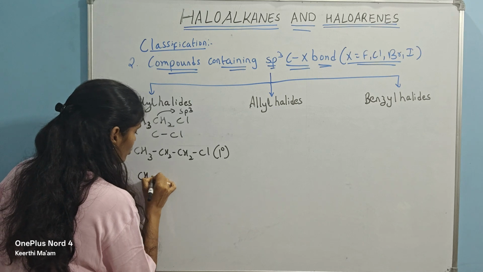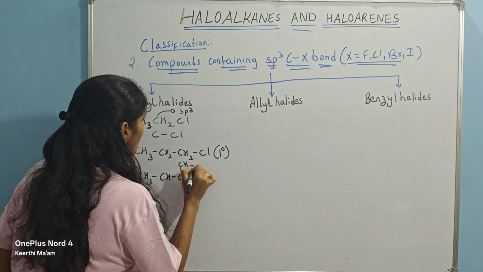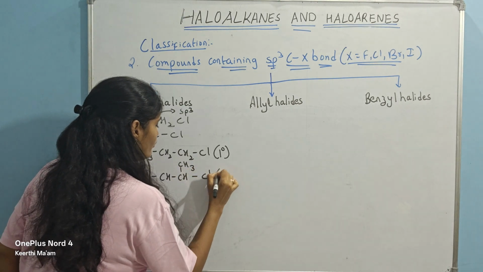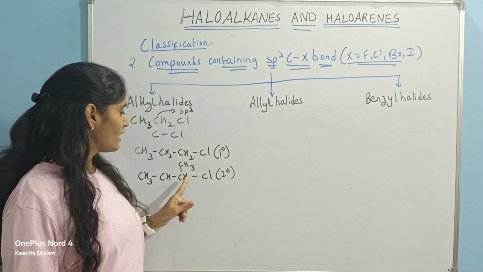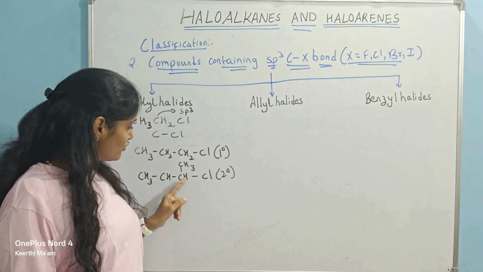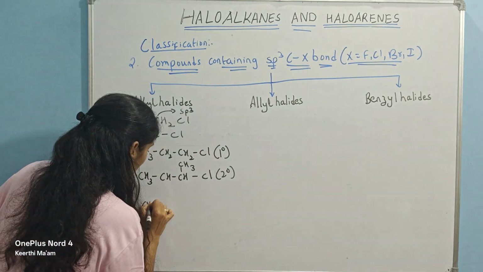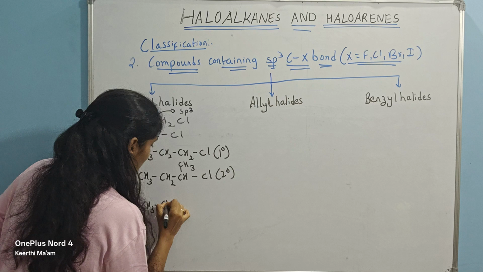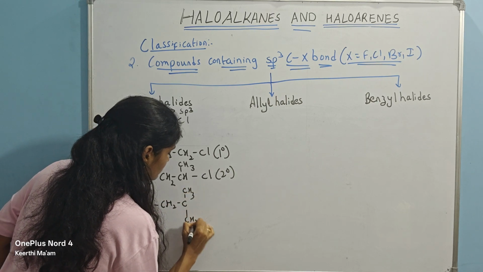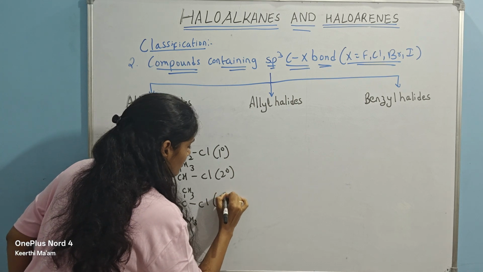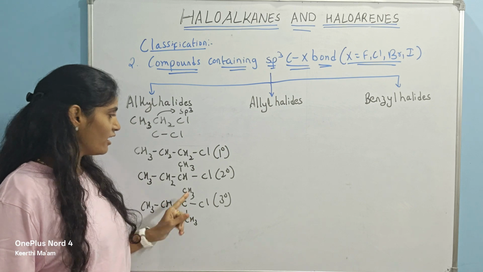Now I can also write secondary. This is my secondary alkyl halide. How can I call it secondary? The carbon holding halogen is further attached to two carbon atoms. Now let me write tertiary alkyl halide. The carbon holding halogen is further attached to three carbon atoms.